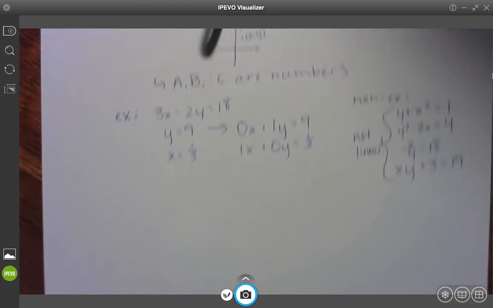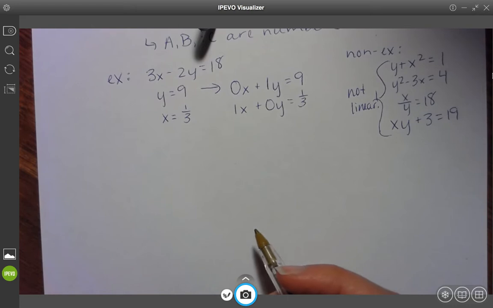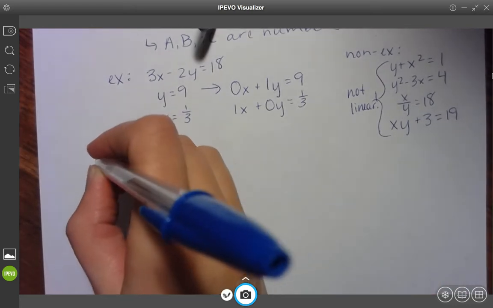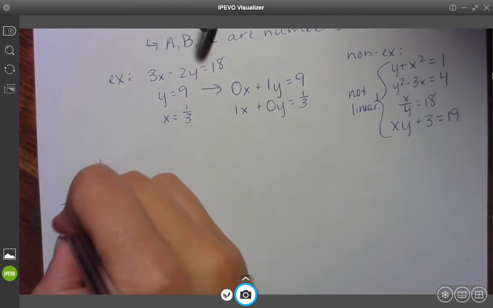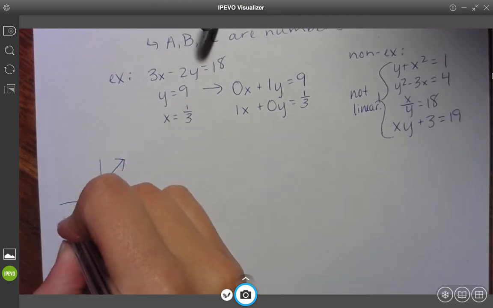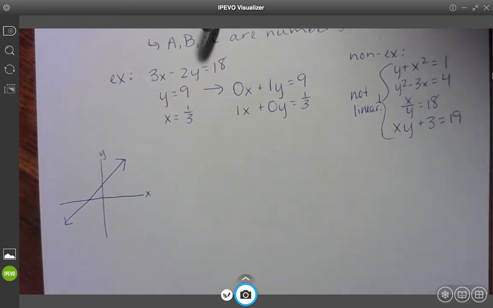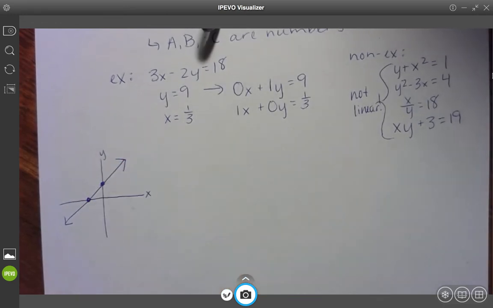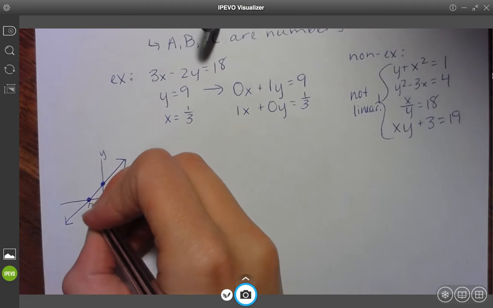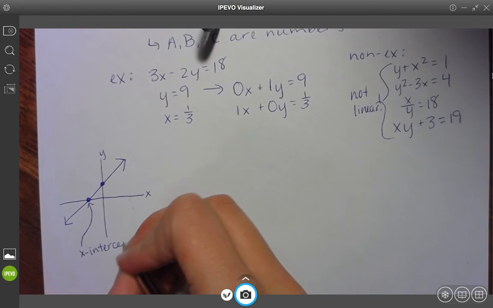After talking about that, we're going to talk a little bit about linear equations on graphs. If I drew a graph here, a linear equation is always a line. So there's a line on a graph, with an x-axis and y-axis. These two points have special names. This is my x-intercept.